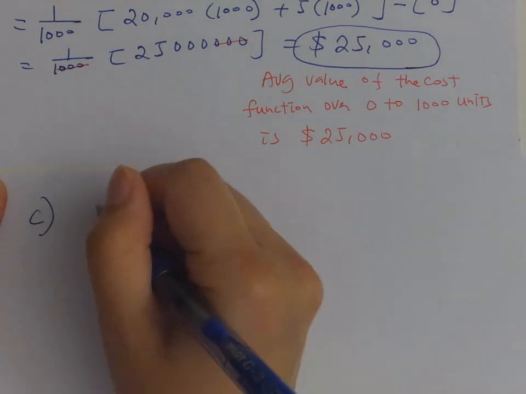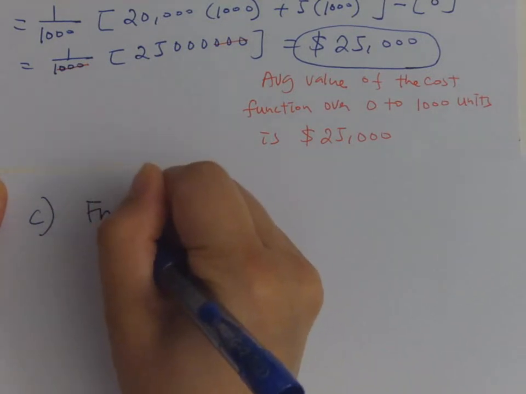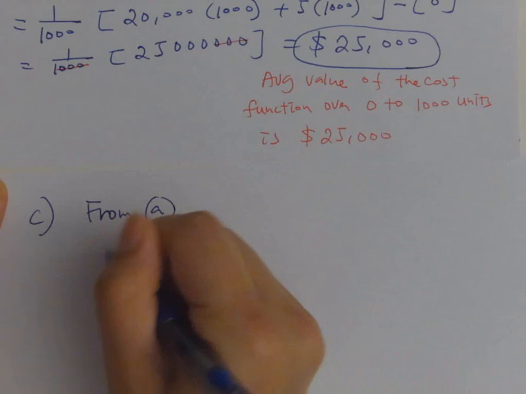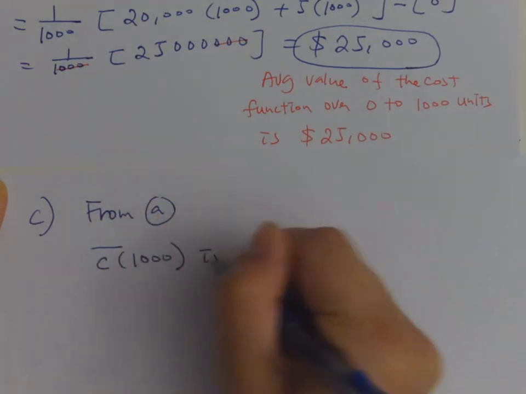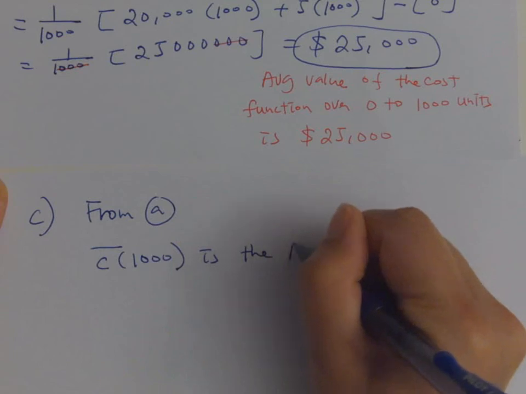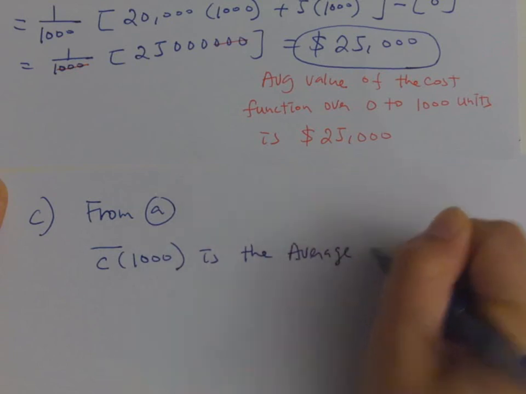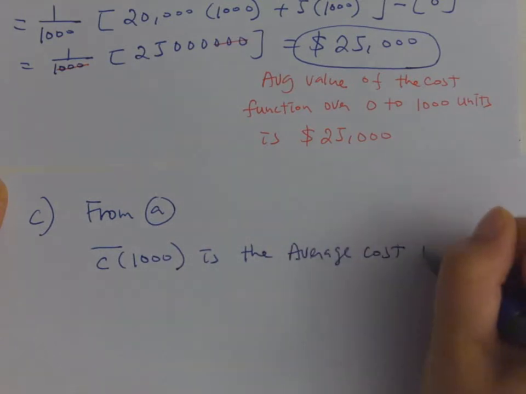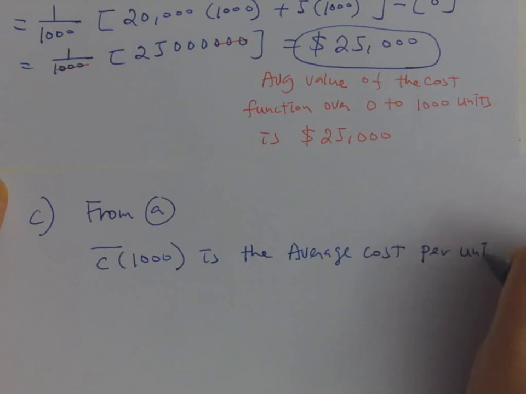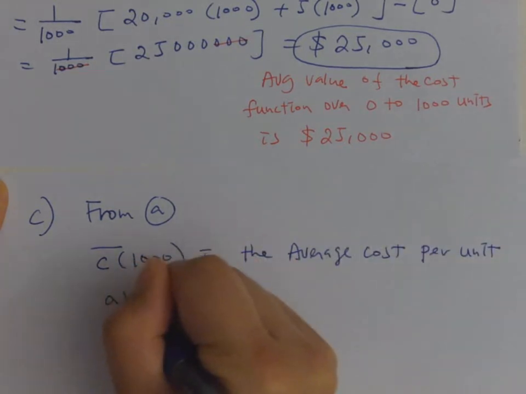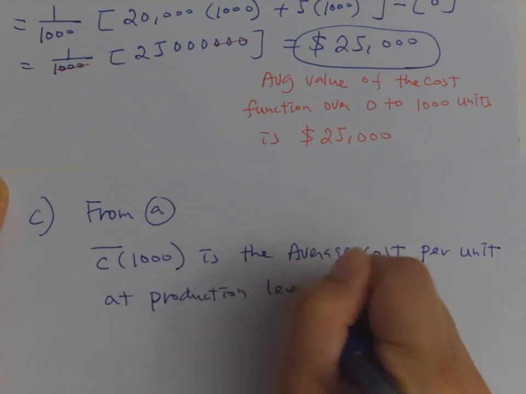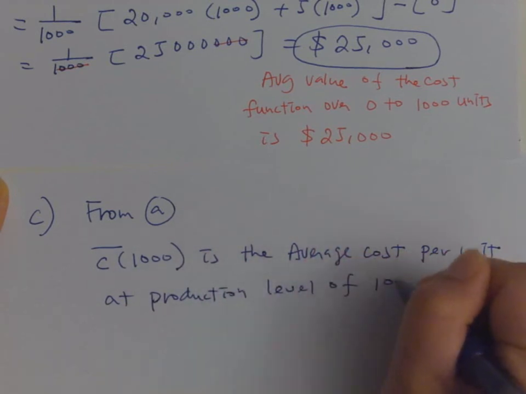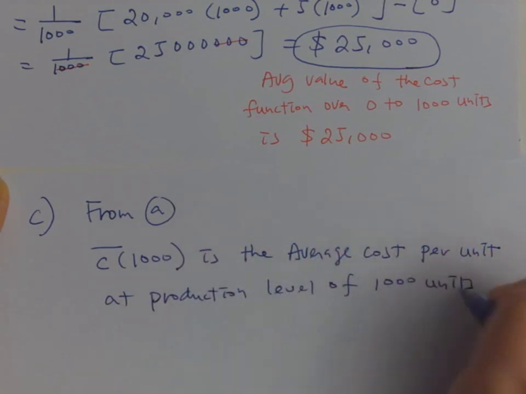Okay, so the C part says, from A we got C bar of 1,000 is the average cost per unit at a production level of 1,000 units.